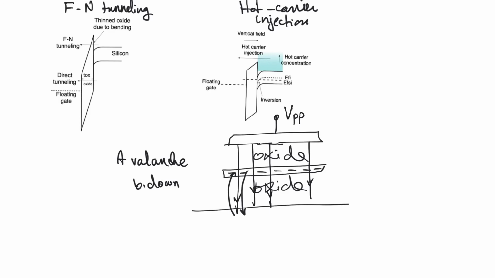So what's going to happen here is that this very high electric field is going to attract some electrons from the substrate into the oxide. These electrons are usually stopped within the oxide, they can't get through it, but what's going to happen is that these electrons are going to hit some of the atoms of the silicon dioxide, and when they hit these atoms, they release electrons.